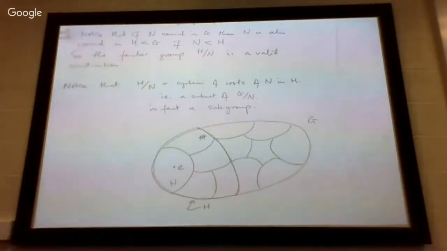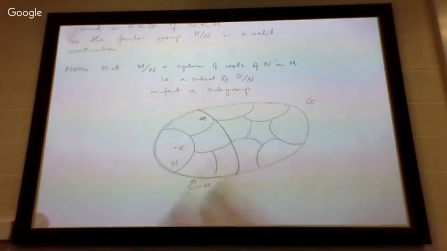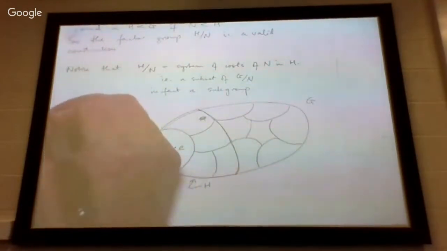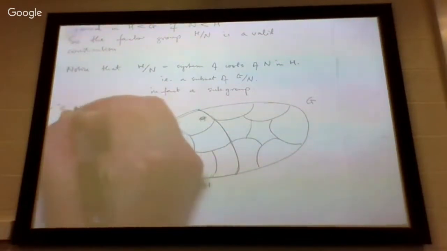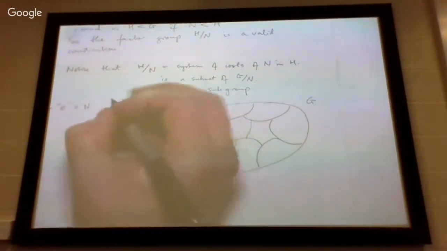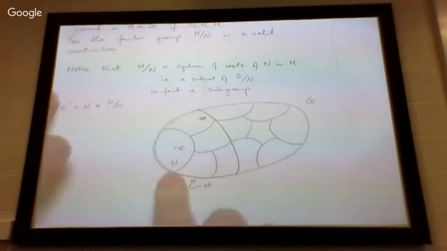Okay, so that's kind of what it looks like on the page, and you can give a quick little proof. Certainly the identity, which in this case is the subgroup N, is an element of H mod N. There it is.